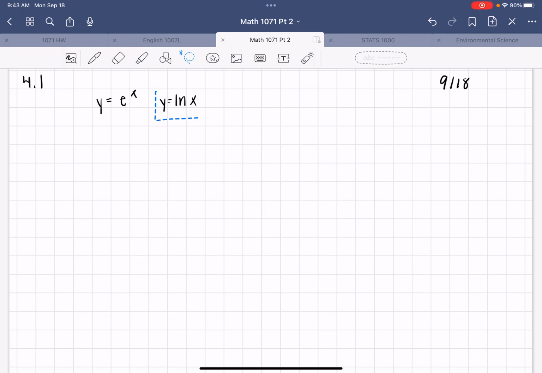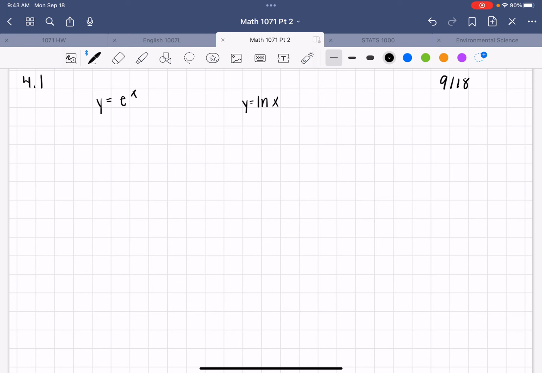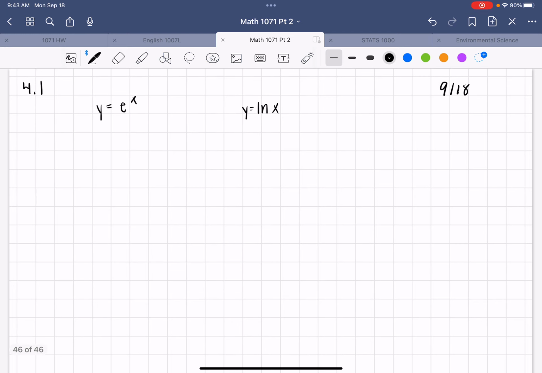So e to the x and log x are important functions with economic applications. And so here they just give you the derivatives. These derivatives are simple, but they're kind of hard to prove, and the book doesn't offer proof. Maybe later, if I have time, I'll wave my hands at it.